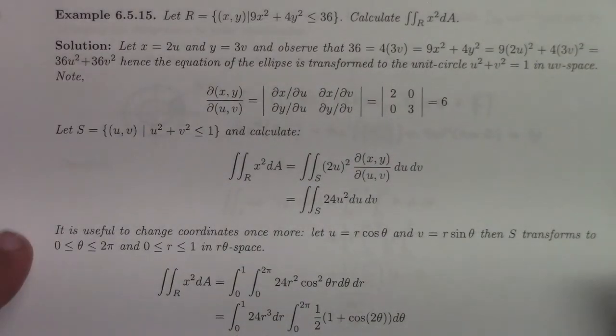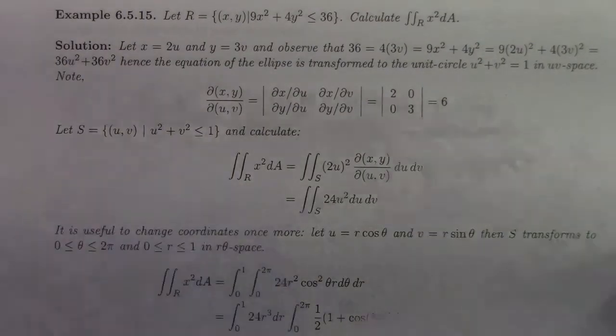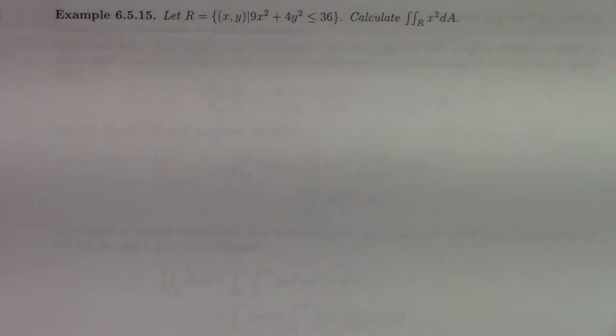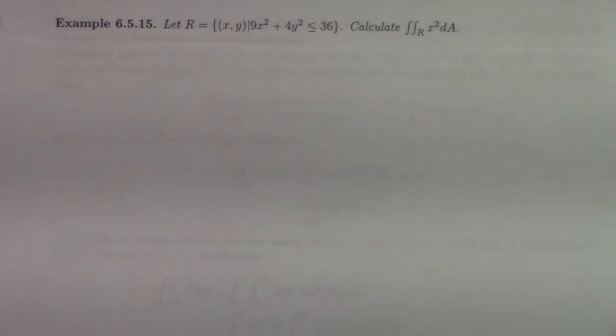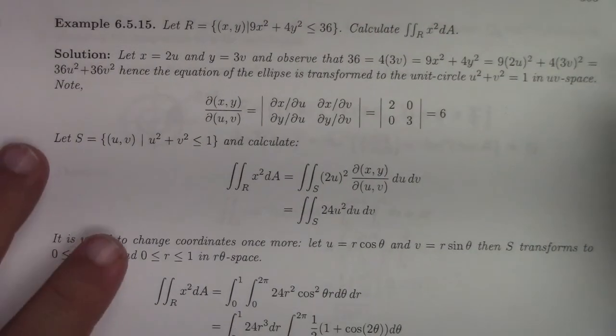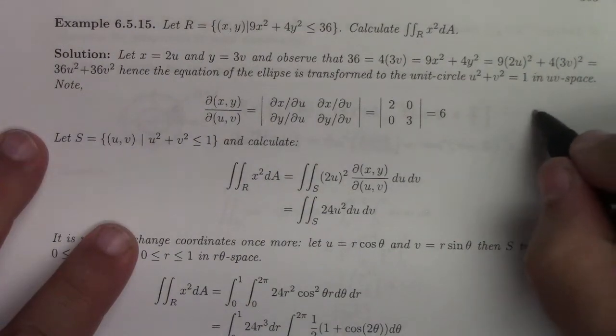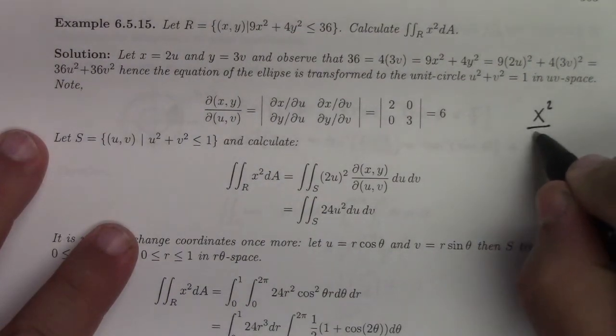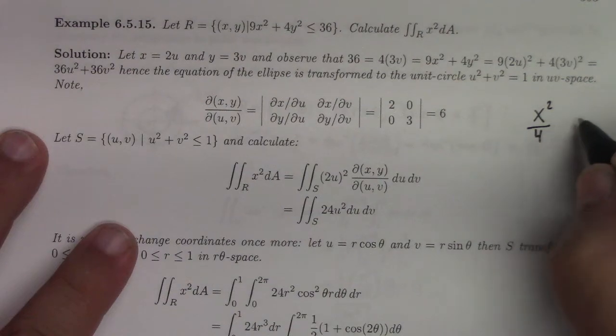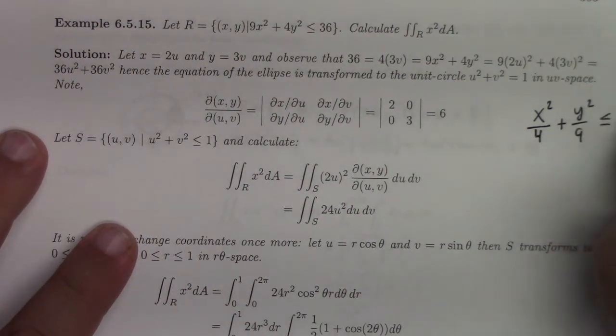Here's another example. I have the region R, 9x squared plus 4y squared less than or equal to 36. Just to recast that a bit, another way to look at that would be x squared over 4 plus y squared over 9 less than or equal to 1.